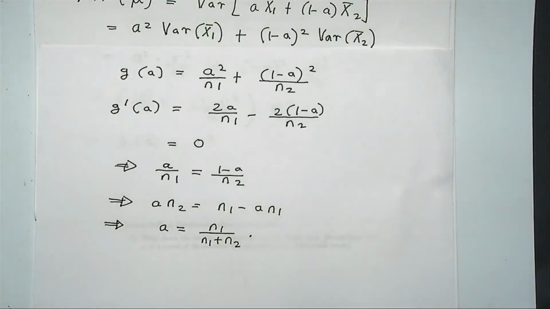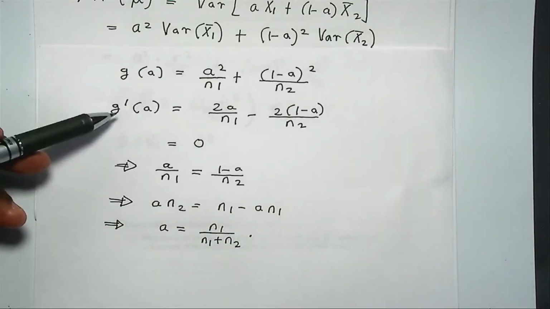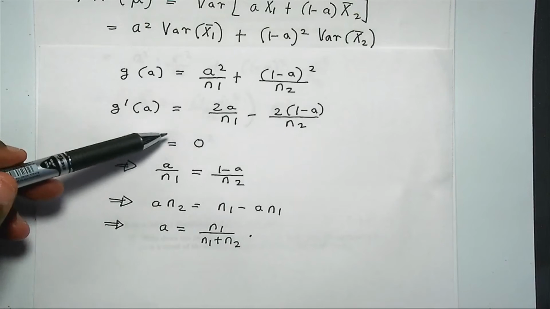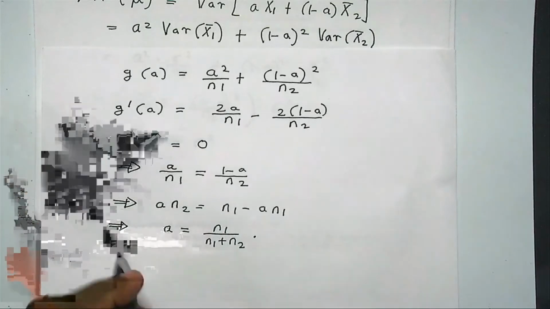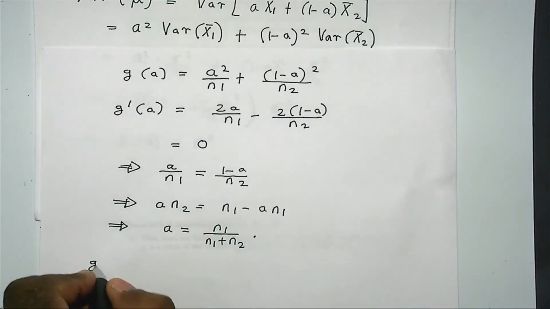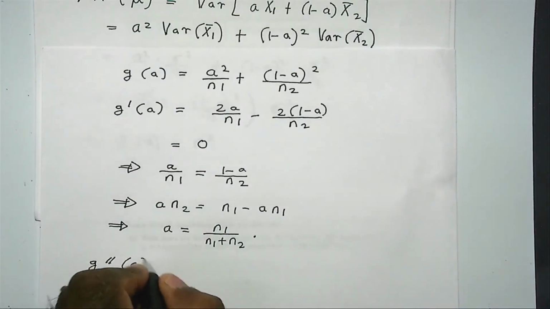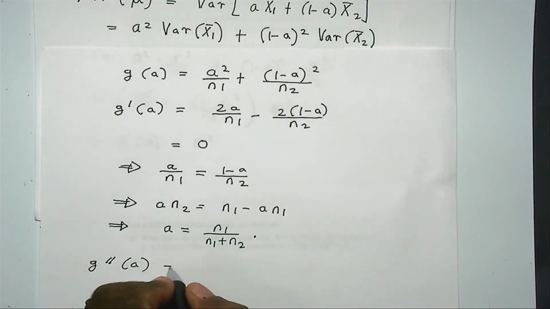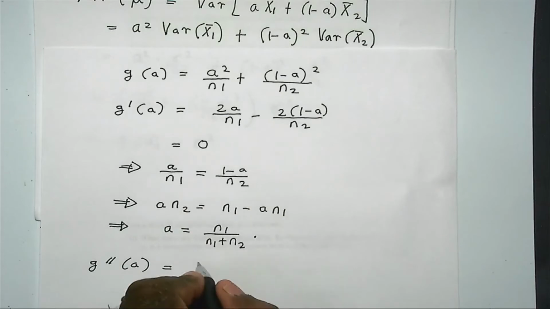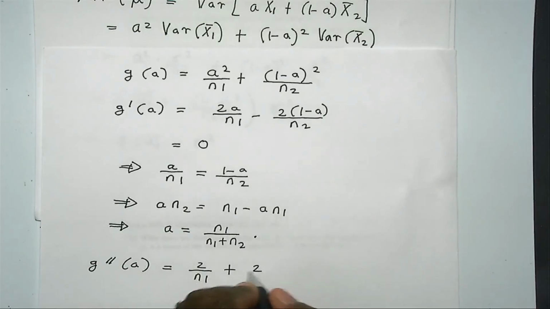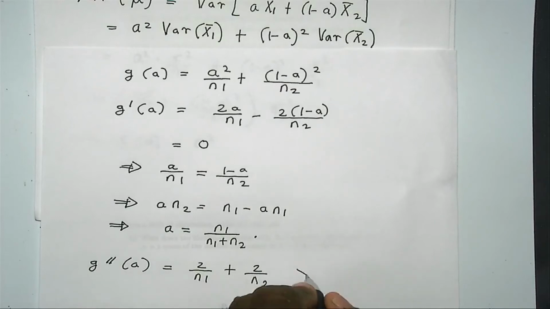So this is the solution of the equation that the first derivative is equal to 0. To make sure that it corresponds to a minimum, we need to find the second order derivative. The second order derivative of g is the first order derivative of this, so it's going to be 2 by n1 plus 2 by n2, which is clearly a positive number.